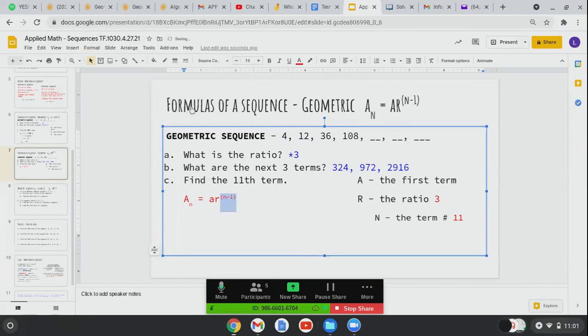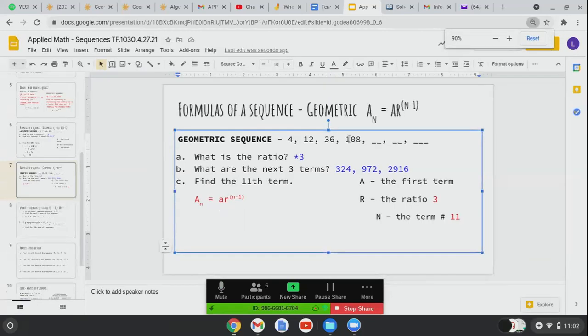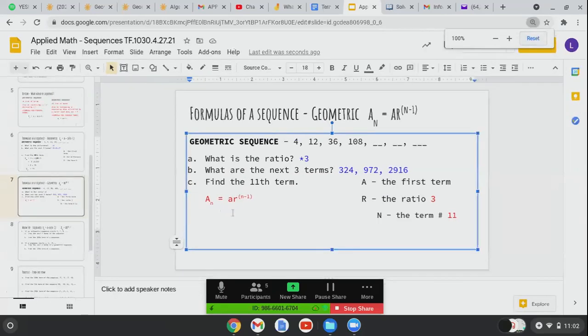Okay, so now, if that's the formula, then let us now put in the pieces. Everywhere there is a variable, you will replace it with a value.